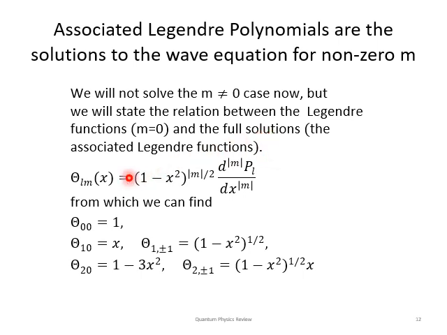So theta sub Lm, where now m is not 0 any longer, is related to the L Legendre polynomial in this way. P sub L is the Legendre polynomial.